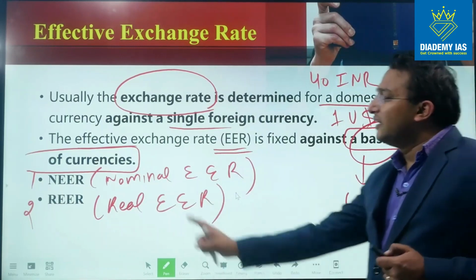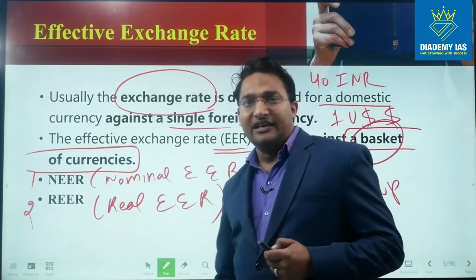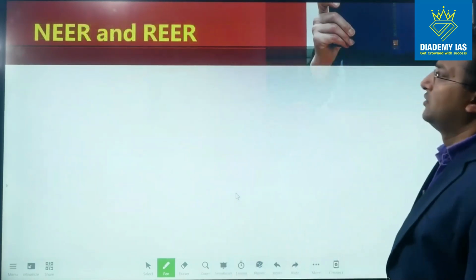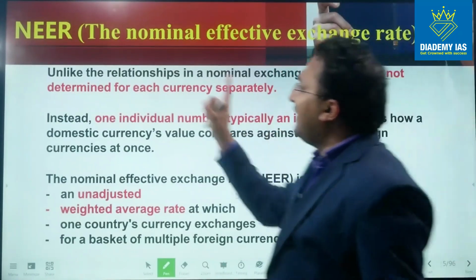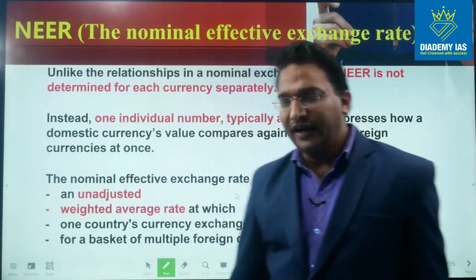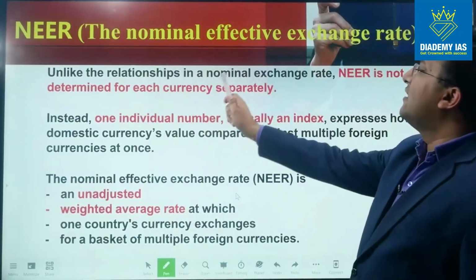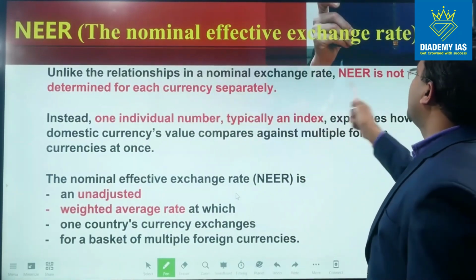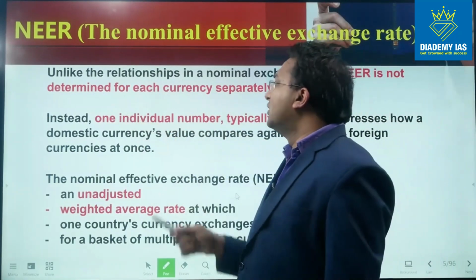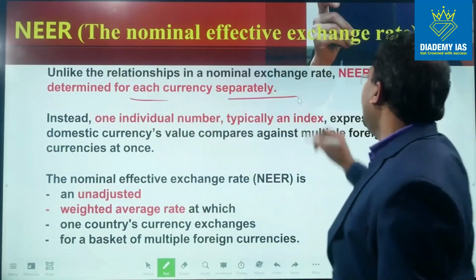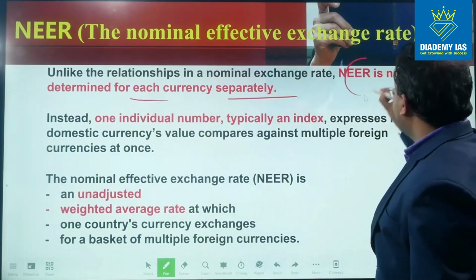Now we will discuss NEER and REER. First of all, nominal effective exchange rate, NEER, right? So unlike the relationship in a nominal exchange rate, NEER is not determined for each currency separately, right? Because this is the effective exchange rate.